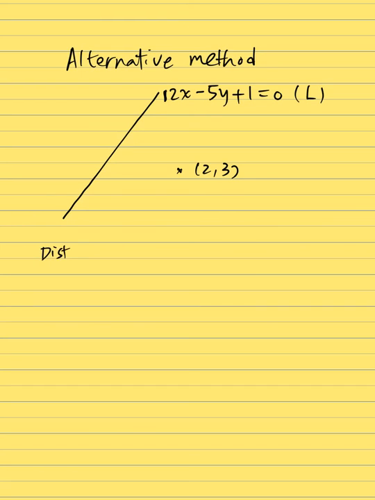Now, the distance can be calculated by the formula, which is a fraction. The numerator is the left-hand side of the equation of L, with x replaced by the x coordinate of the point, and y replaced by the y coordinate of the point.